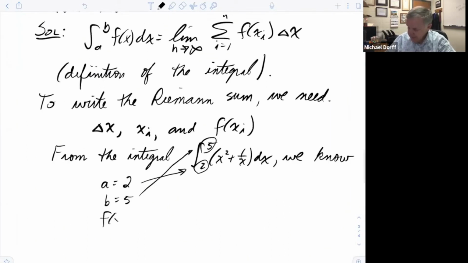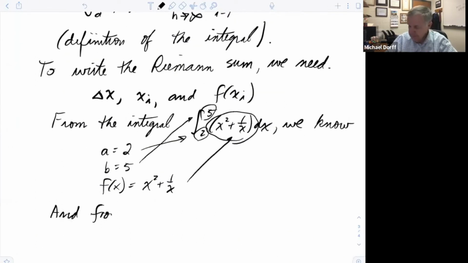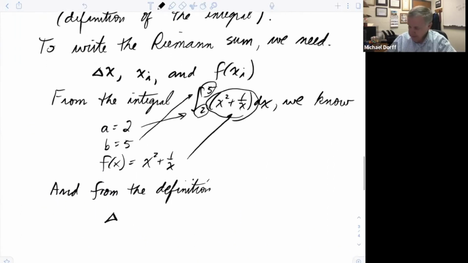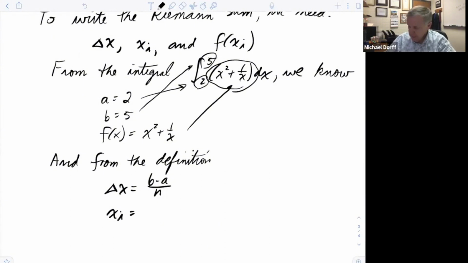And f of x is x squared plus 1 over x, because that comes from there. And from the definition, we know that delta x equals b minus a over n, x sub i equals a plus i delta x, which is a plus i times b minus a over n.